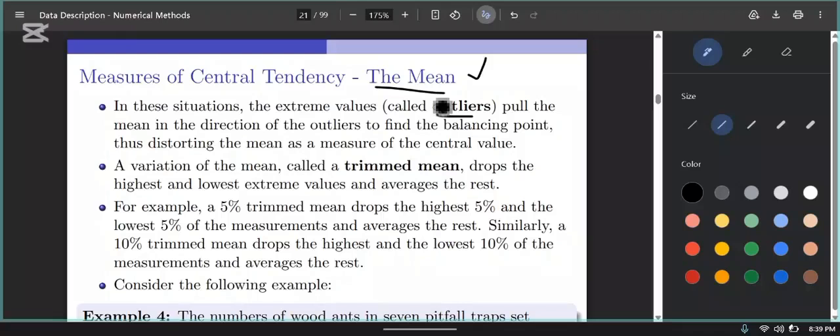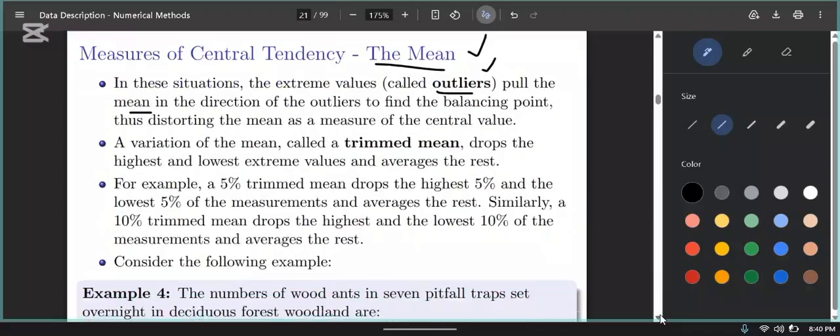If there are outliers within the data set, the mean may not represent the data set in a balanced manner, because the outliers pull the mean in the direction of the outliers. So the mean does not represent the numbers properly.